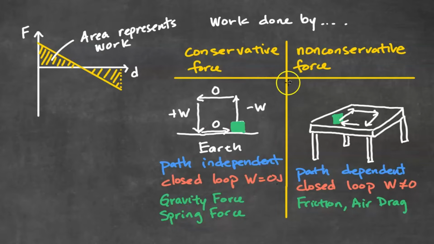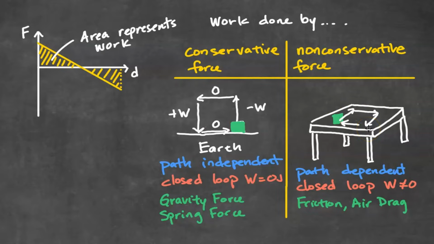Now let's contrast this to work done by a non-conservative force. An example of a non-conservative force would be something like friction or air drag. Here I have my green box on a table, and work done by a non-conservative force is path dependent. Let's say I were to push this green box forward to the right and back down over here.